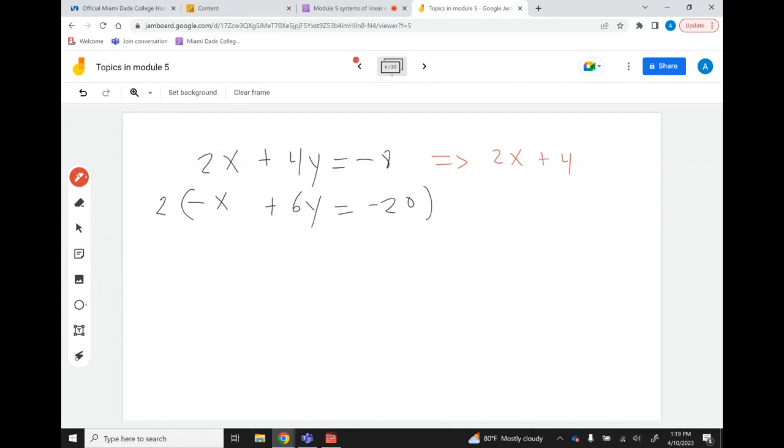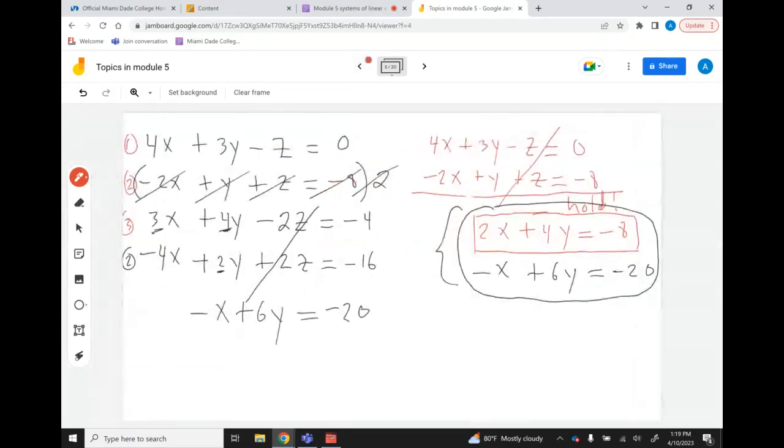Notice that there's a lot of rewriting in this topic, which is kind of scary because the more that you have to rewrite things, the more it increases the chances of making a typo, and then we all go nuts because we cannot find the mistake. So this will be negative 2x plus 12y equals negative 20. Sorry, negative 40.